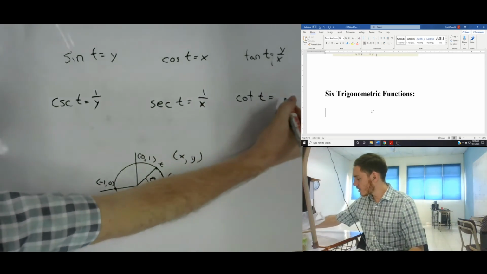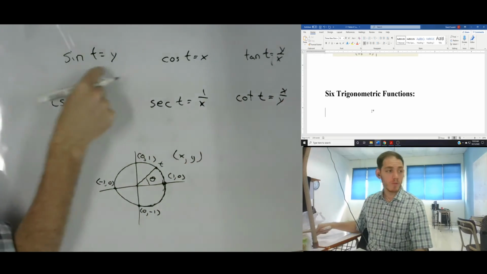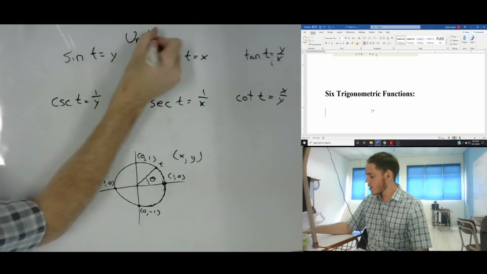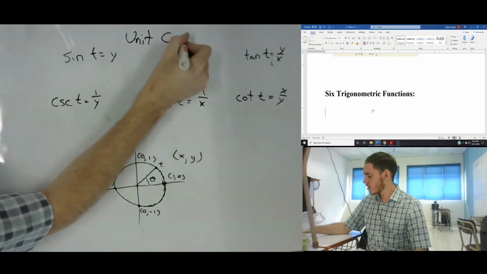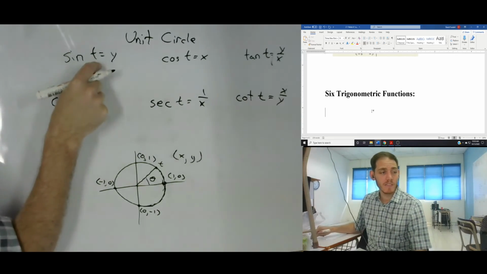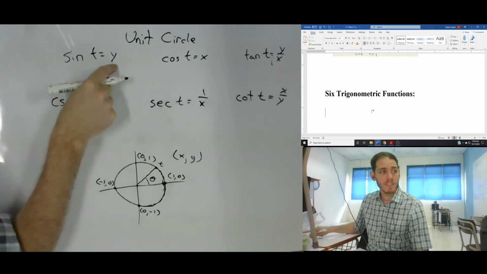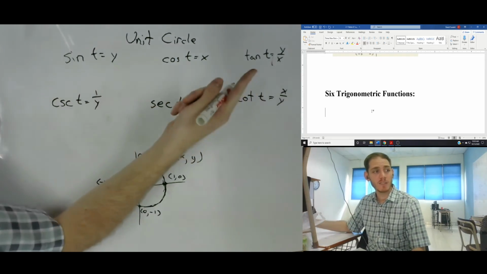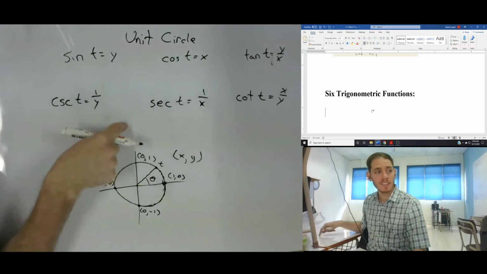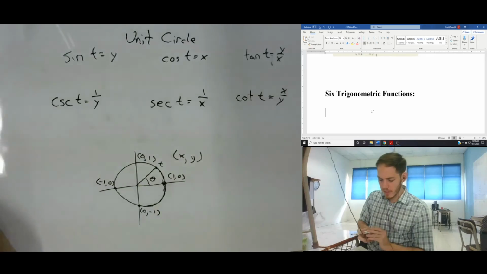Cotangent is going to be x over y. Notice, this is for a unit circle. If you have an angle, you have a point where that angle hits the circle. The sine is going to be your y value. Cosine is your x. Tangent is y divided by x. Cosecant is 1 over y, and secant is 1 over x. And then cotangent is x over y, okay?